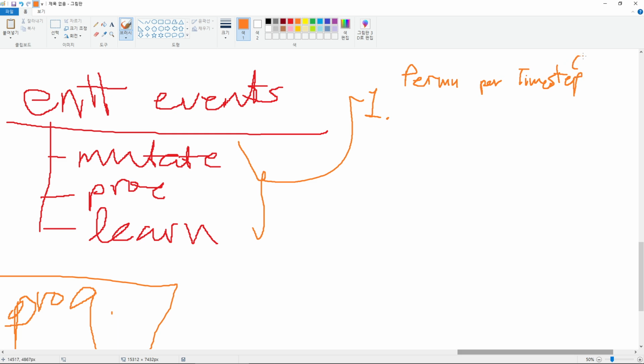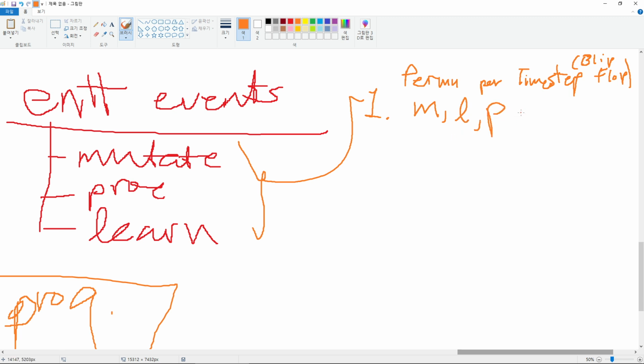Permutation per time step, as in in one time step it could be mutate, learn, and then procreate.